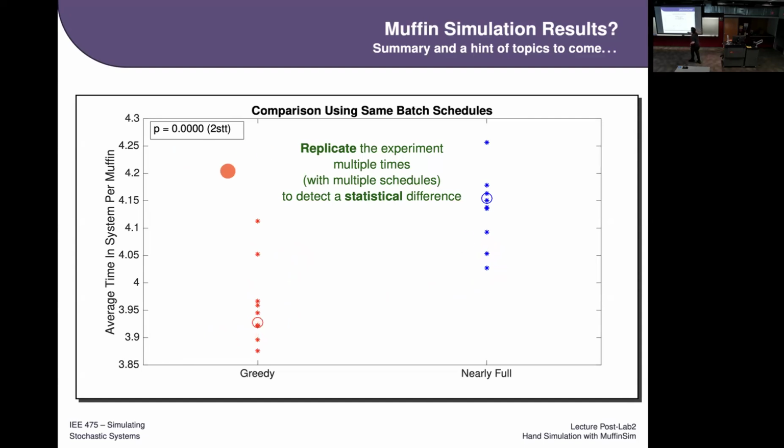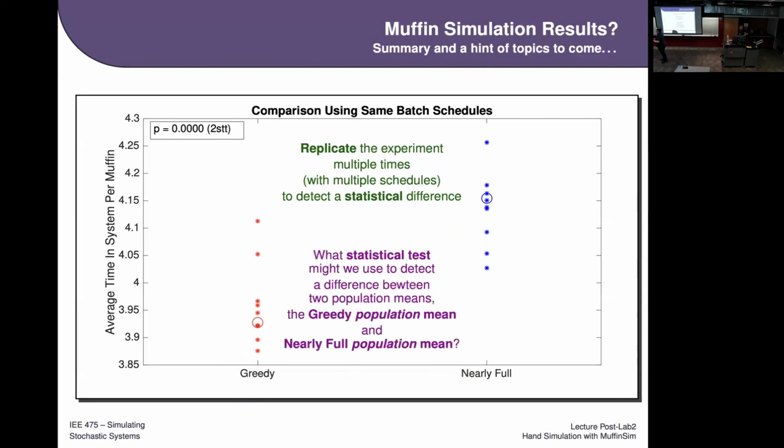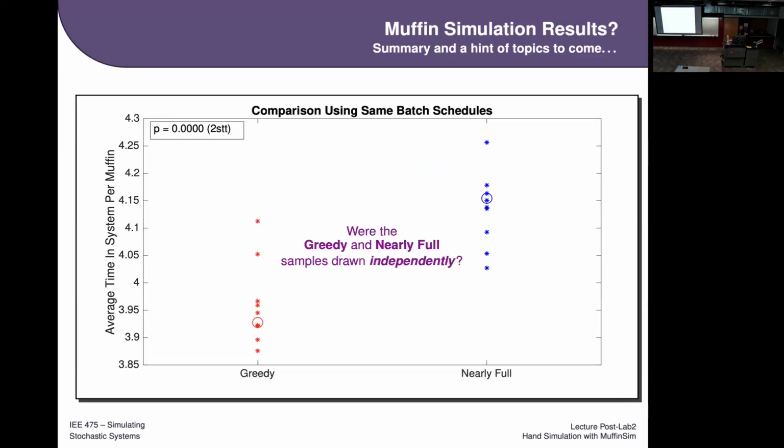If I used 10 muffin schedules for greedy and another 10 for nearly full, then I would use a 2-sample t-test. But because I used 10 muffin schedules that generated both a greedy number and a nearly full number, I'm not allowed to use a 2-sample t-test. It violates the assumption of the test, because they weren't drawn independently.